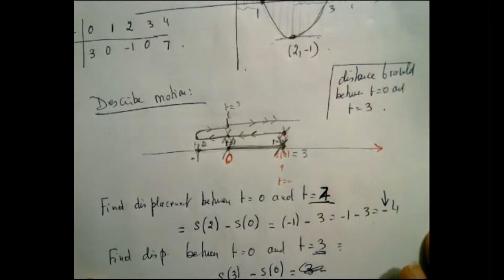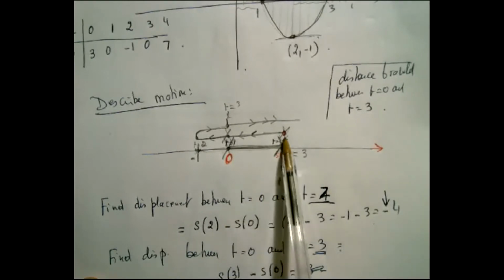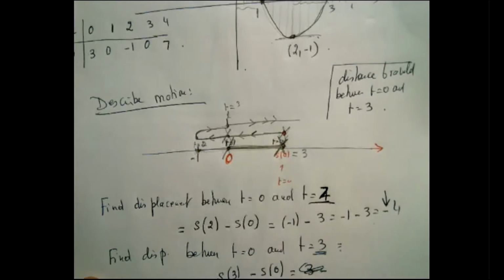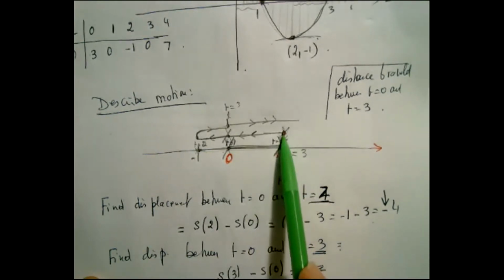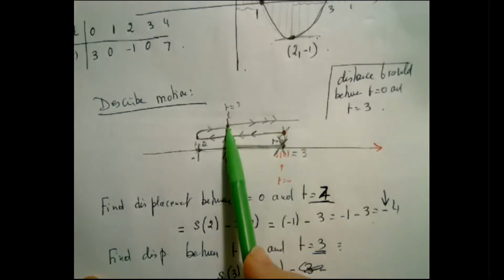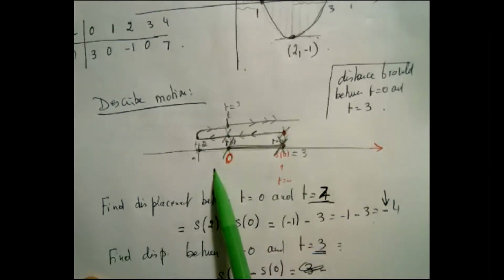What would be your answer? Look at the picture. How much, what's the distance traveled? Not the displacement. The object was here at 0. The object was here at 3. We look at the picture. What's the distance it traveled?